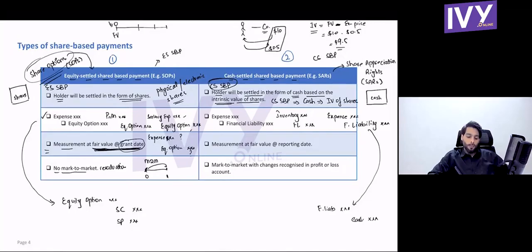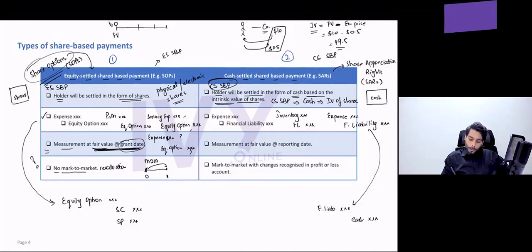Now the question which comes into your mind is why? Why is no mark to market allowed? You know why? I'll give you a very crystal clear example. You see, accounting is based on consequences. Accounting is based on consequences.